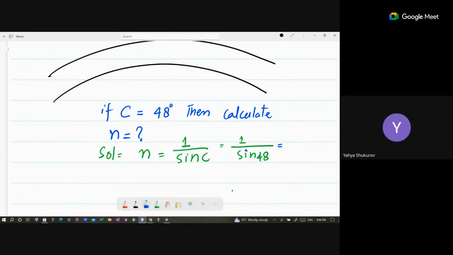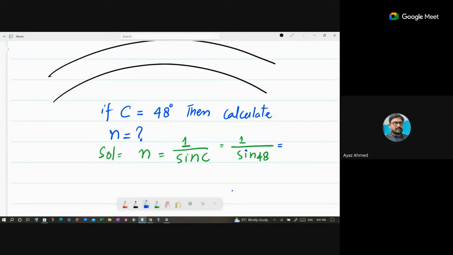Just a second, sir. Is it negative 1.3? It will not be negative. It can be 1.3.